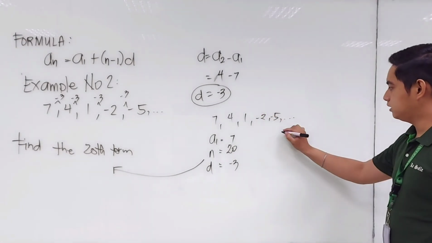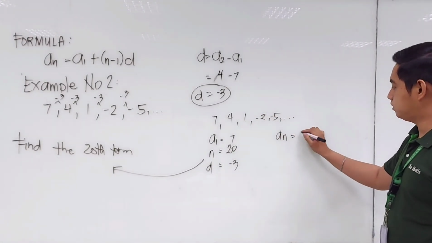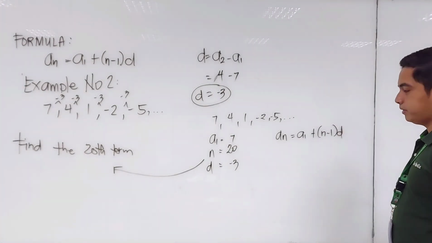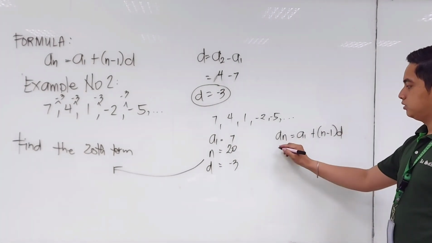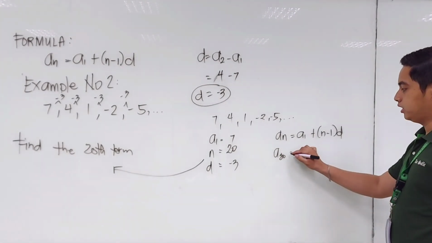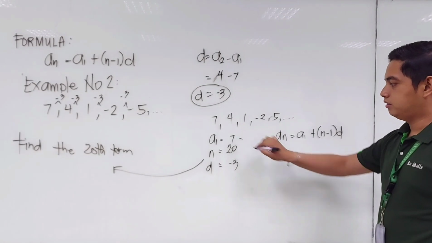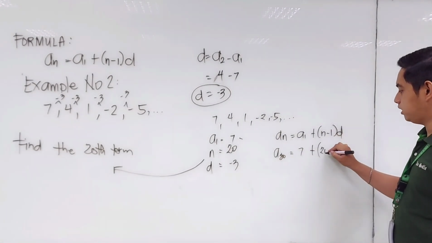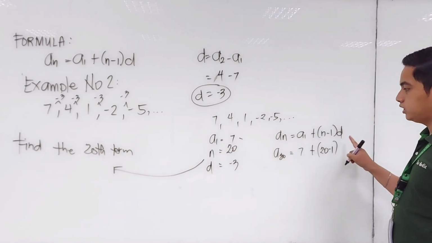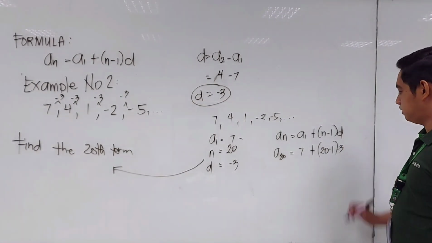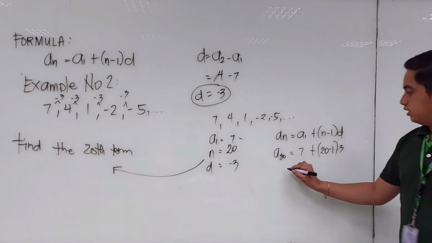Using the formula, A sub n is equal to A sub 1 plus n minus 1 multiplied by D. Substitute. So A sub 20, because we're looking for that 20th term, is equal to A sub 1, first term, we have 7 plus number of terms is 20 minus 1 multiplied by D, so we have negative 3. Then, compute.